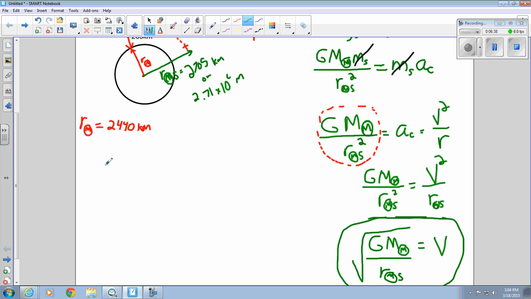And we need the mass of Mercury. The mass of Mercury is equal to 3.29 times 10 to the 23rd kilograms. Now we can just plug these numbers in to find our velocity.